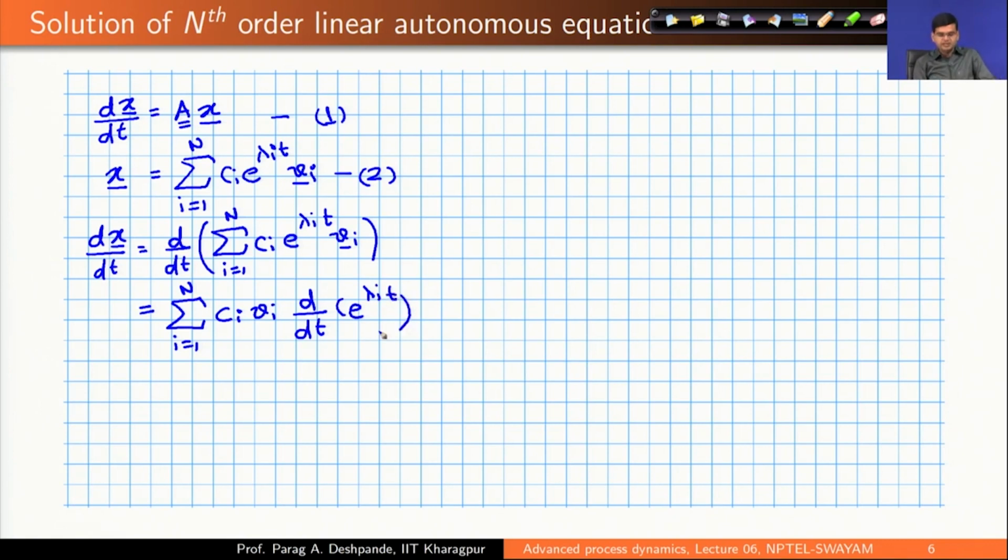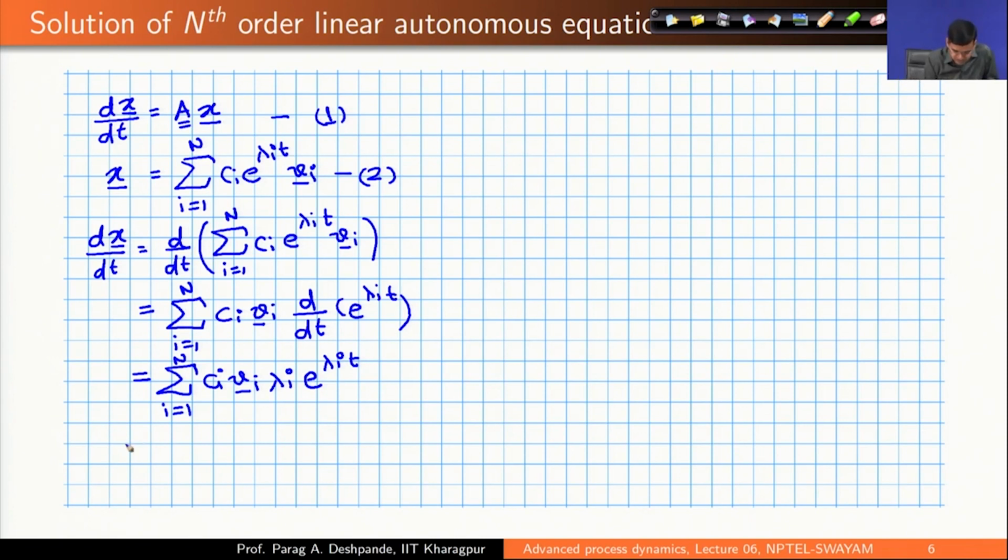Okay. And then I can do a differentiation where I can write this as i going from 1 to capital N C i V i under bar. This will become lambda i times e to the power lambda i t.